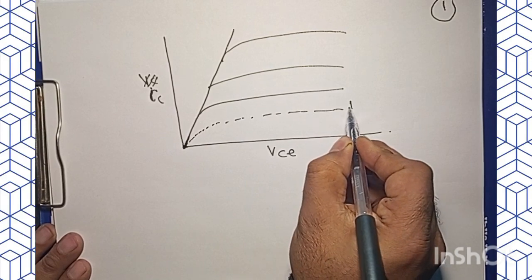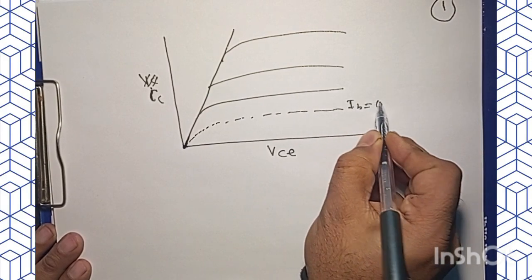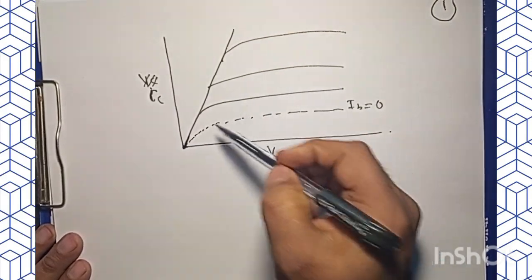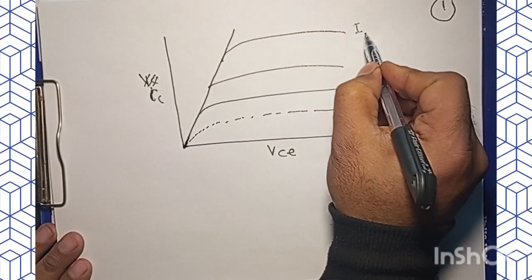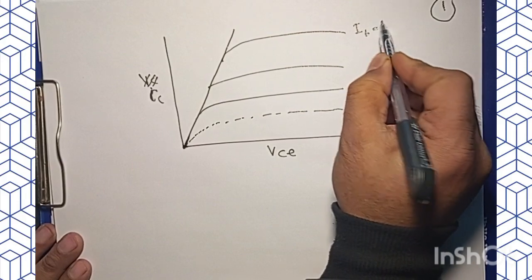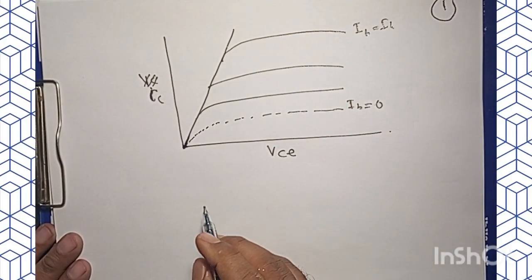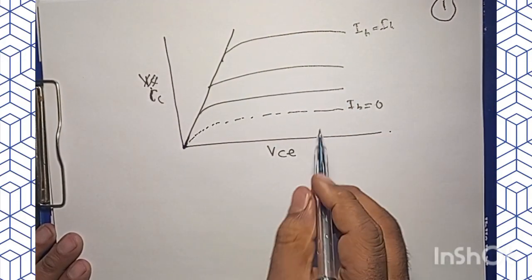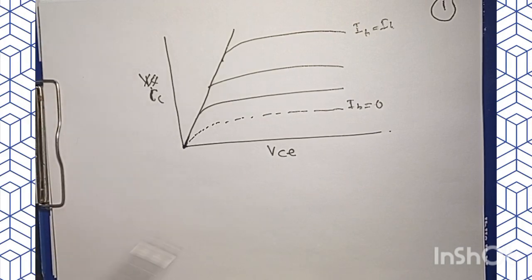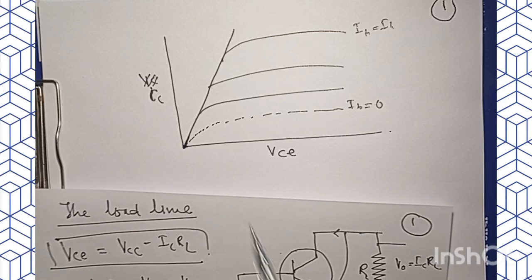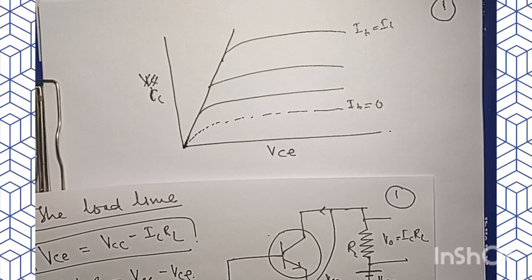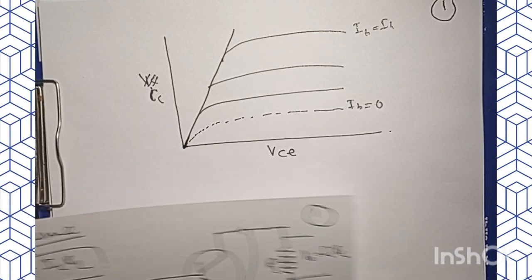So this is IB equal to 0, and let me choose the next curve for IB equal to IB. Okay, that should be the case. So now we have 2 points. Now for IC equal to 0, we are on the x-axis. In that case, VCE equals VCC.